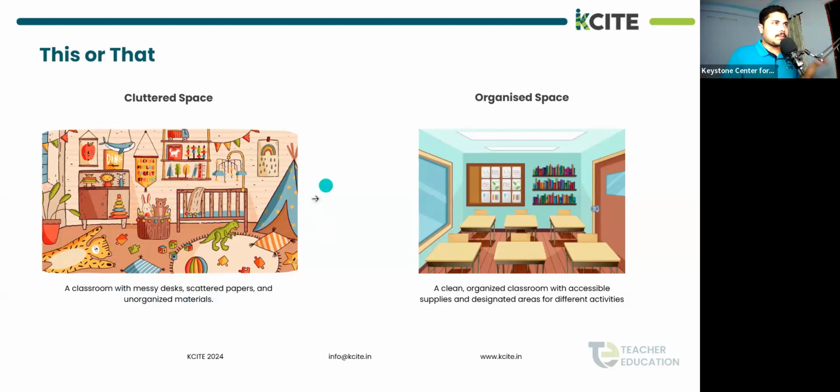And the second one is the organized space. Look at both the images and see which one you prefer. The second one is a clean, organized classroom with accessible supplies and designated areas for different activities.